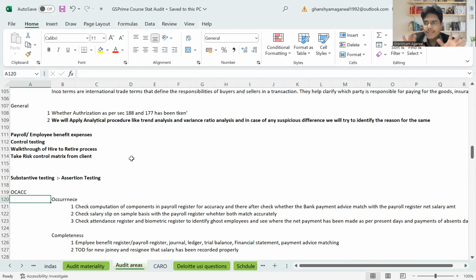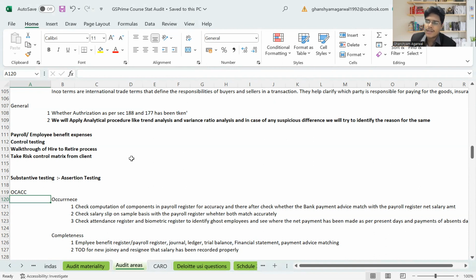What is a risk control matrix? It's an Excel sheet where there's a risk associated with the process and a control associated with it. The frequency of control and who the process owner is are mentioned there, and whether it is an automated control or a manual control.